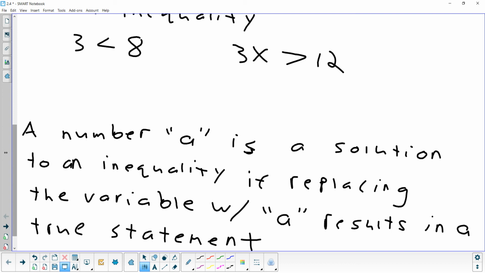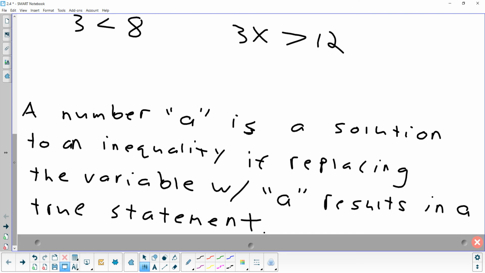And don't just think integers. Don't think, oh, greater than 4 has to be 5. No, it could be 4.006. That's greater than 4. So any number greater than 4. So any question on how to check if a number is a solution to an inequality? Okay.